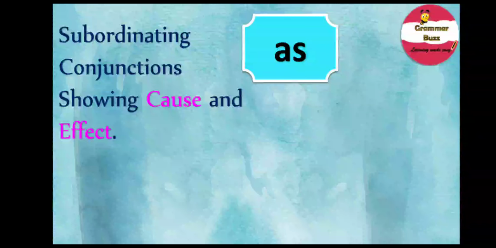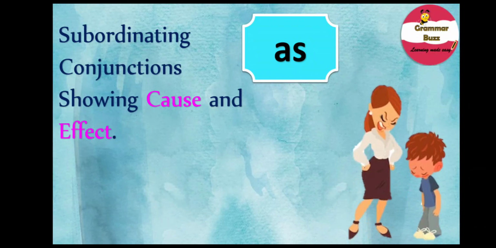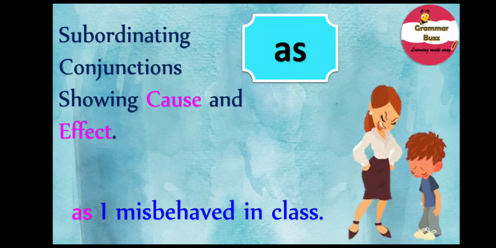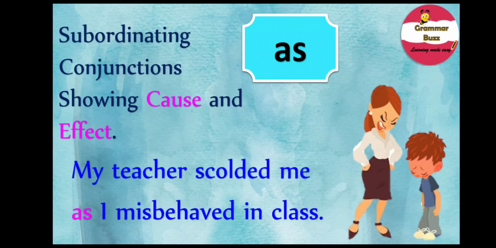Let's take the first sentence. And that is, as I misbehaved in class. This sentence seems incomplete. The meaning is not clear. It needs another sentence to complete its meaning. So let us complete the meaning of this sentence by joining it to another independent sentence. Let's say the sentence is, my teacher scolded me as I misbehaved in class.